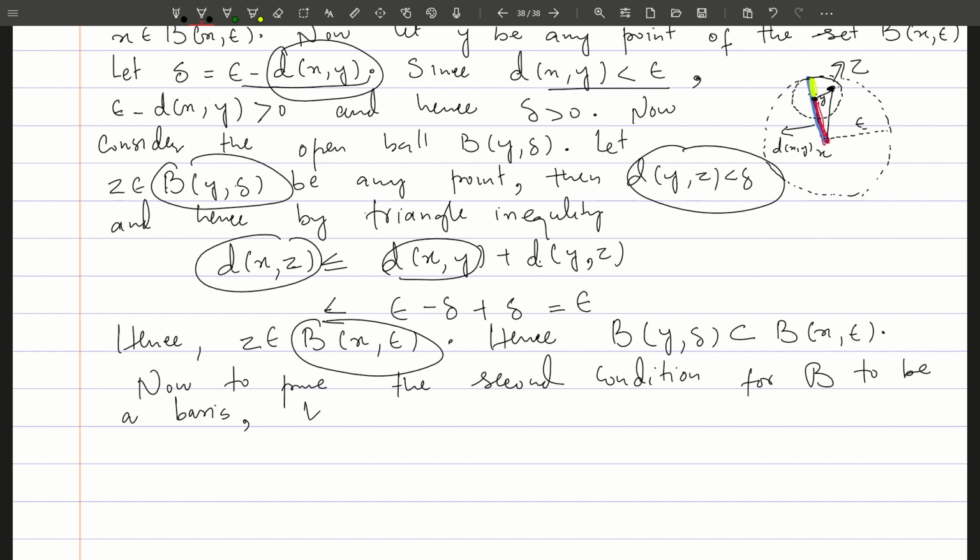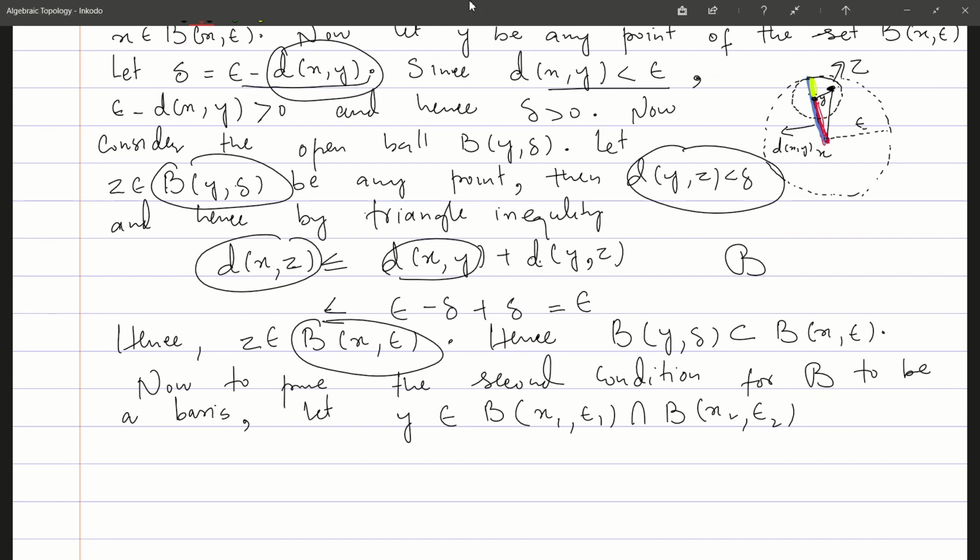So let y belong to the two base elements, say B(x1, epsilon 1) intersection B(x2, epsilon 2). So y is in the intersection of two elements. Now we have to show there is one more element from this fancy B which contains y and is contained in this intersection.